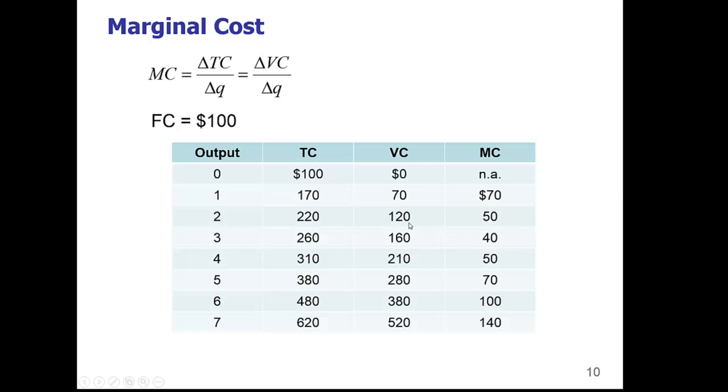Marginal cost of producing the third unit, how much extra to produce the third unit? $40 more, and so on. So marginals apply to an individual unit. Total cost of producing 3 units, $260. Total variable cost of producing 3 units, $160 worth of variable costs were used.